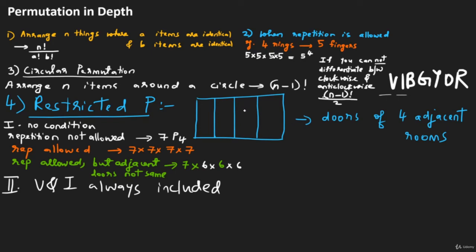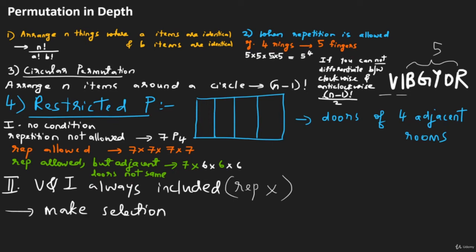So over here, if repetition is not allowed, you need 2 more colors, right? So you have 5 colors over here except V and I, and out of this 5 you need to do a selection of 2 colors. So let's make the selection. That can be done in 5C2 ways, which is selecting 2 items out of 5.